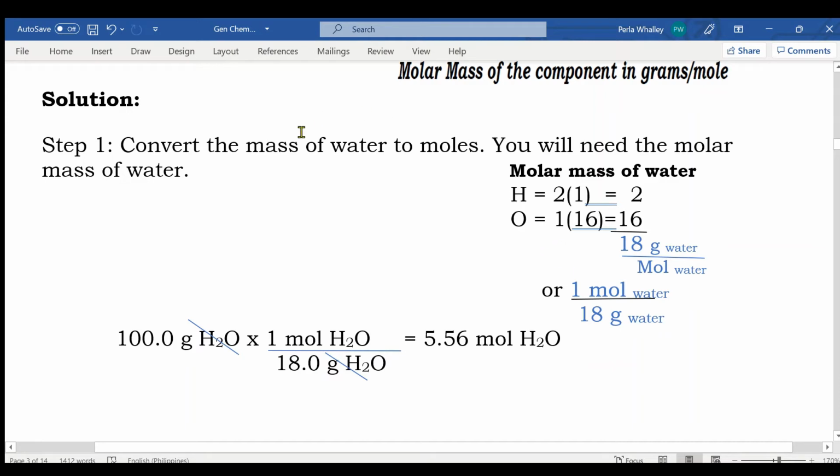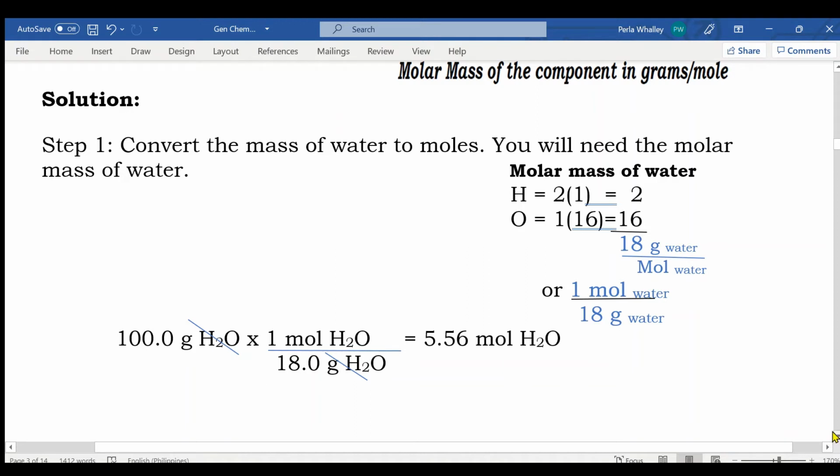So we will convert the mass of water, which is 100 grams of pure H2O, times this one to cancel grams water. Grams water cancelled. So what is left is mole water. 100 divided by 18 is equal to 5.56 mole water.